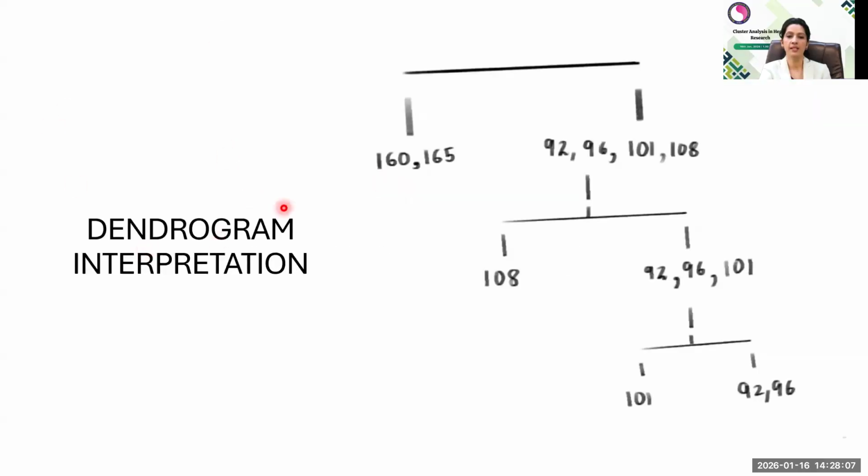So you can see this is the dendrogram. You start with the 92 to 96 and then you club this 101. So 92 to 96 and 101 got clubbed. Then again this 101 and 108 got clubbed, and this 160 to 165. So this is the agglomerative, because what we have learnt in the agglomerative is you start with the individual data points and then you keep on merging.